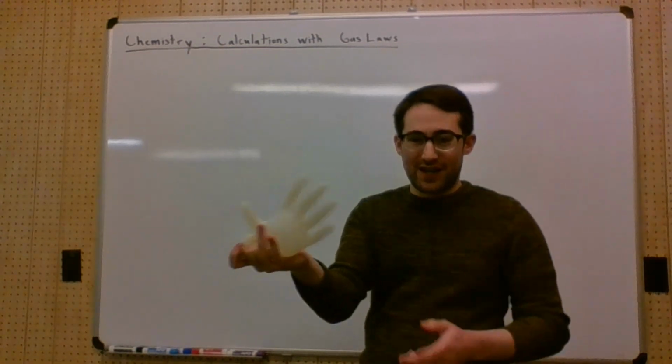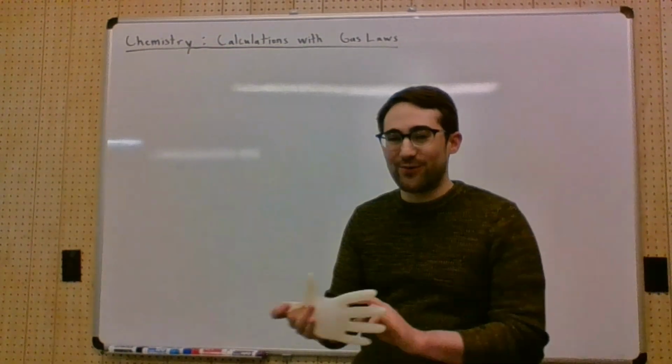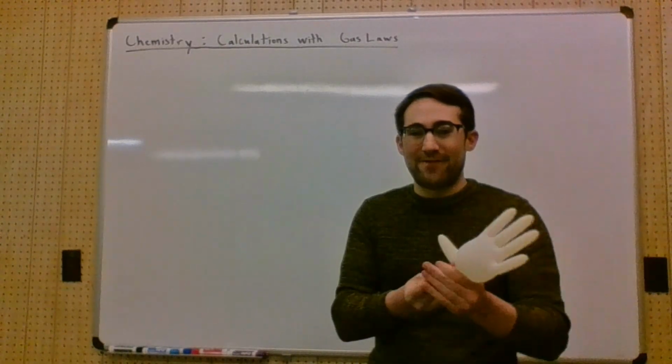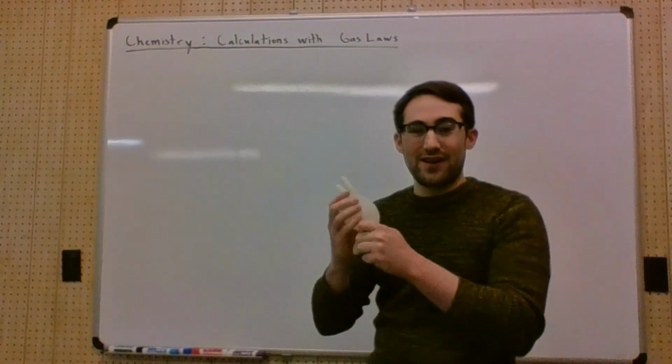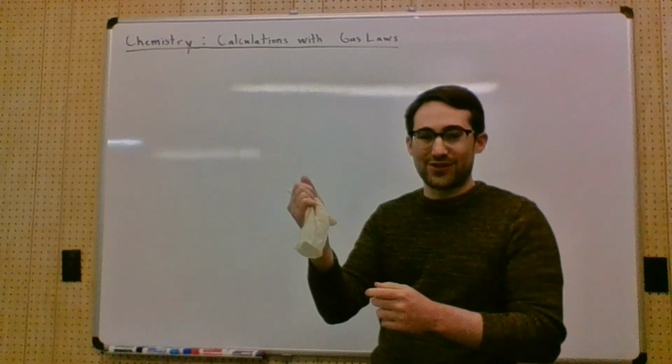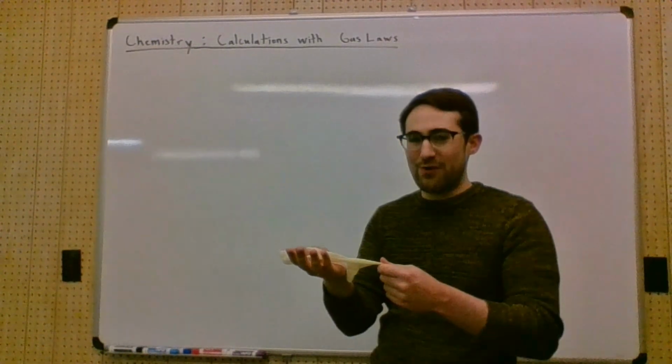Okay, and then I could go and continue to change the temperature and the pressure and whatever, but there is a relationship between the amount of gas and the volume. And if I were to let that amount of gas escape and I lose that amount of gas, then my volume should also decrease as well.